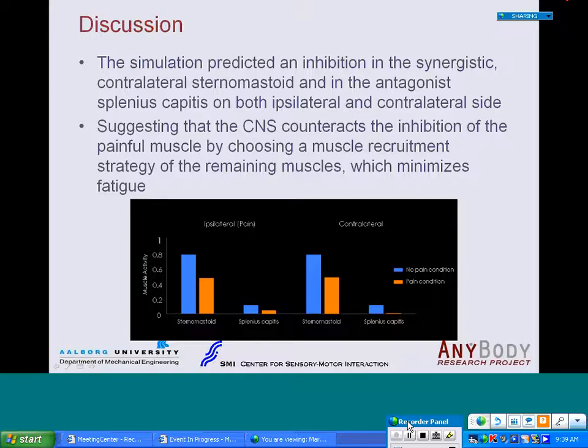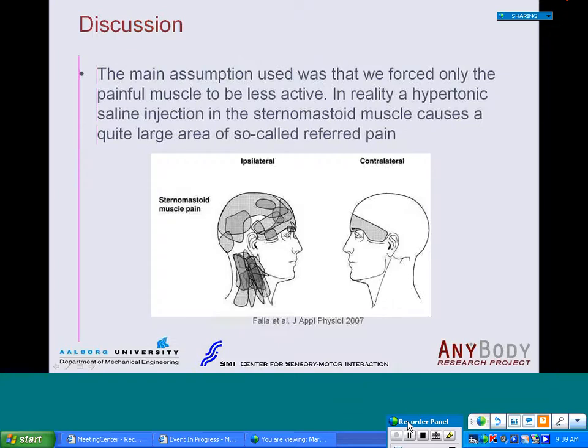Of course, we have some main assumptions in this case. The main assumption here was that we forced only the painful muscle to be less active in the simulation, and the rest of the muscles were then predicted by the model. But in reality, when you inject the person with a hypertonic saline injection in the sternomastoid muscle, this causes a quite large area of so-called referred pain, which you can see in the drawing, which also was from this article in the Journal of Applied Physiology.